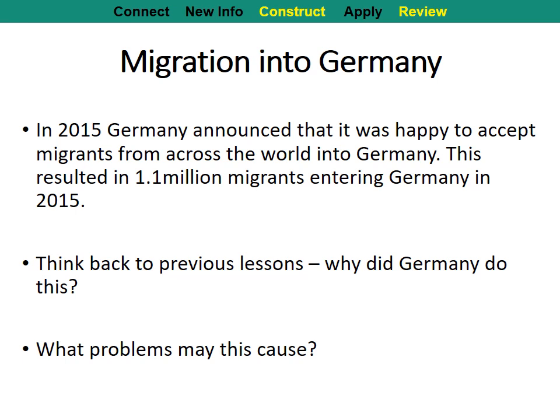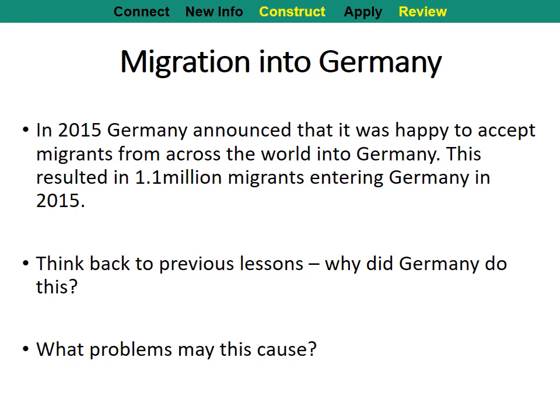Relatively recently, we had a large migration of people into Germany. It was in 2015 that Angela Merkel, the Chancellor of Germany, like their Prime Minister, announced that they would be really happy to accept migrants from across the world into Germany. So there was almost an open door policy: come to Germany and we'll give you homes.